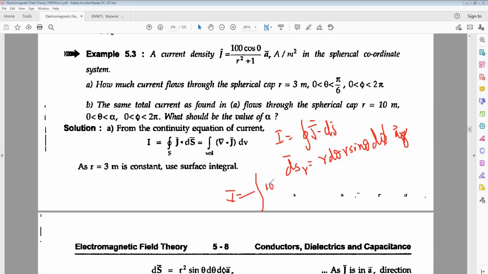Now substitute that in the integral. I is equal to the integral of J, which is given as 100 r² by (r² + 1), into r² sin theta d theta d phi, and a_r bar dot a_r bar is equal to 1.